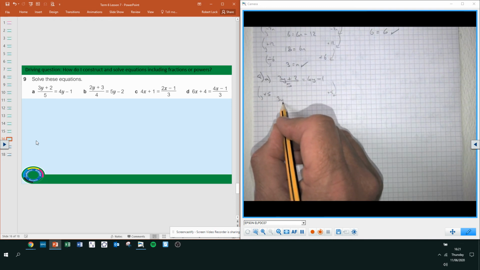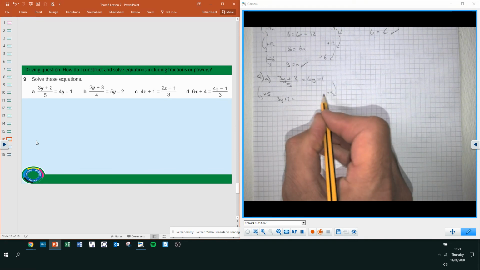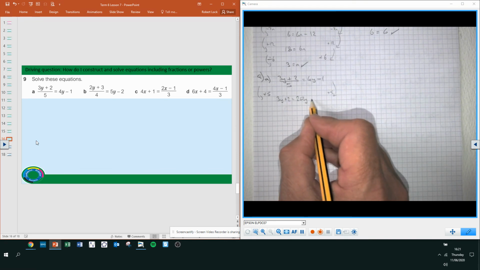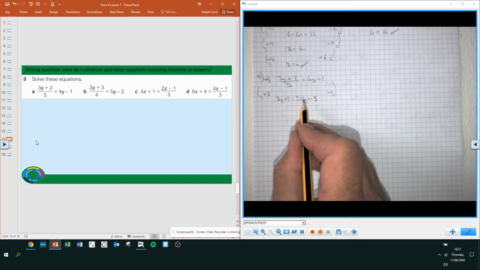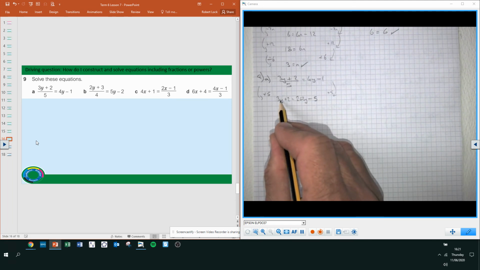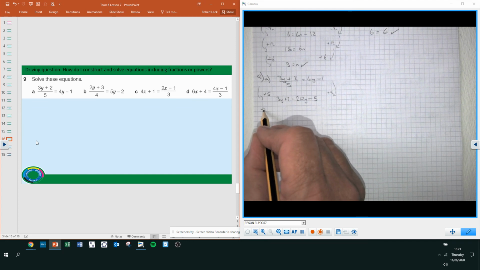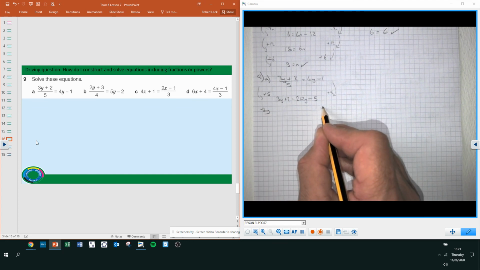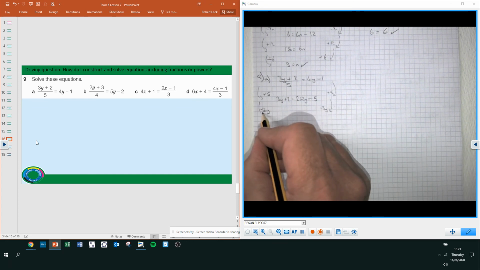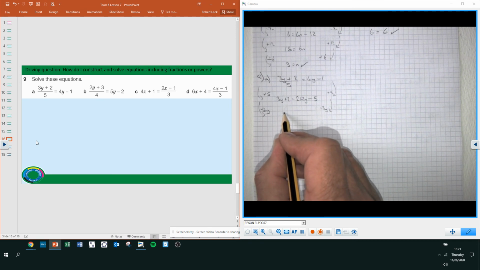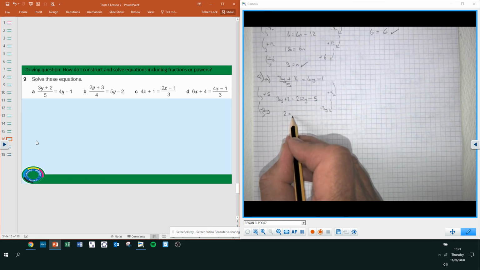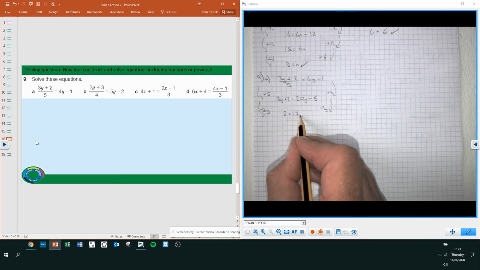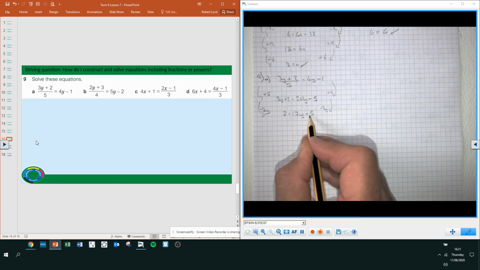That becomes 3y plus 2 equals 4 times 5 is 20y minus 5 times 1 is minus 5. Most of the y's are on the right hand side, so take the left from the right. So minus 3y that side. End up with 2 equals 20 take away 3 is 17y minus 5.